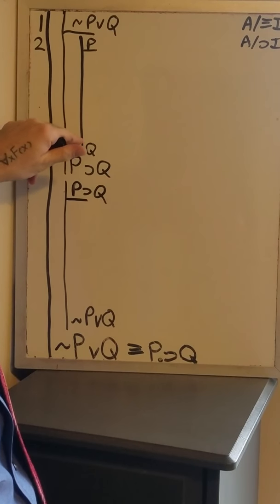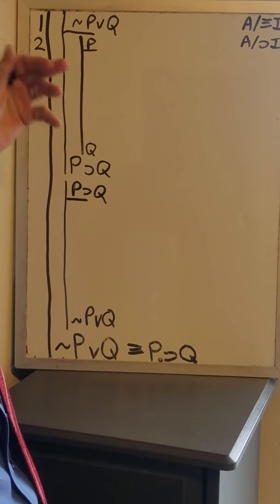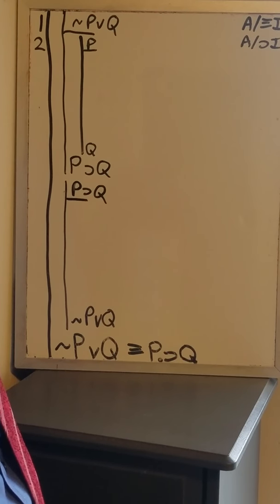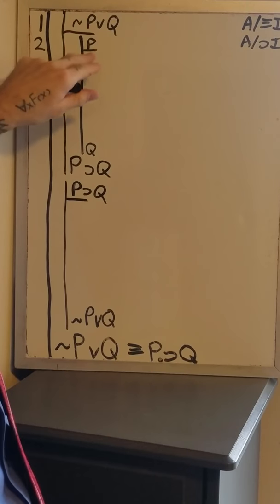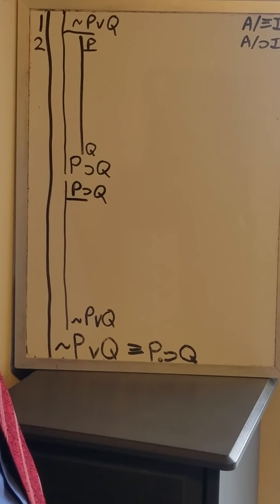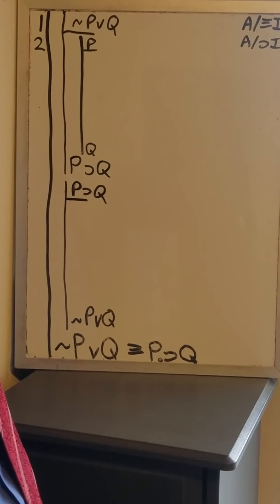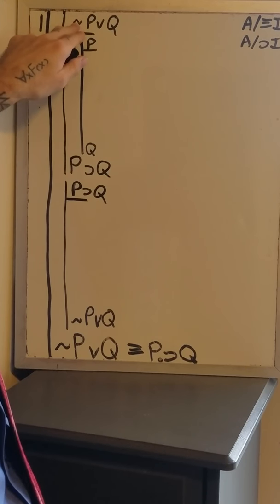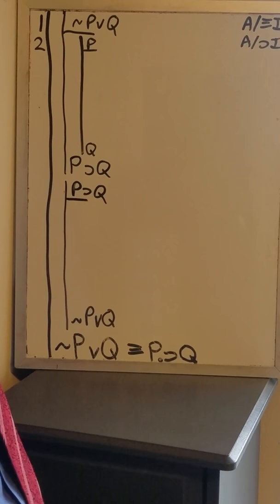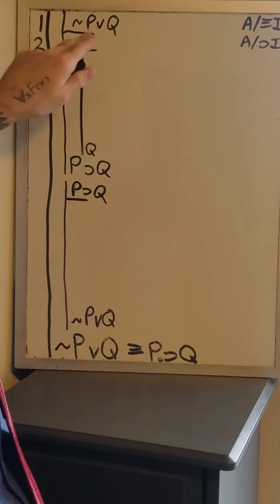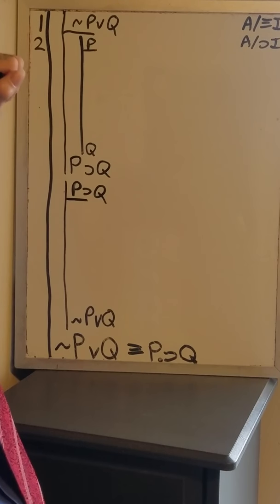Well, one way we might typically proceed here would be to assume not Q and show that we get a contradiction, but I don't think it's going to work in this case because I don't see any way we can get a contradiction. But we do have this disjunction that we can work with, not P or Q. So why don't we use disjunction elimination on that and assume each part of that in turn and show that either way Q follows.